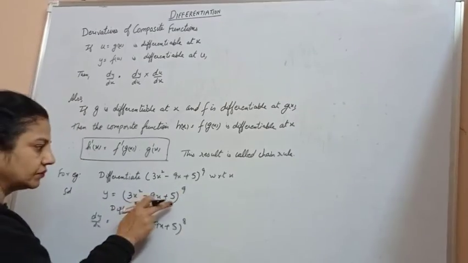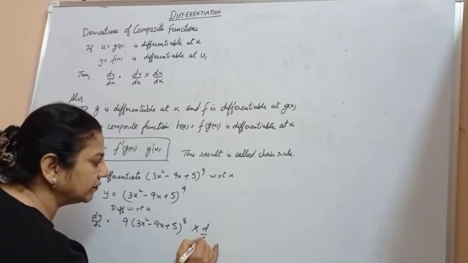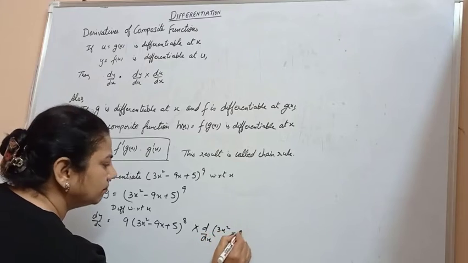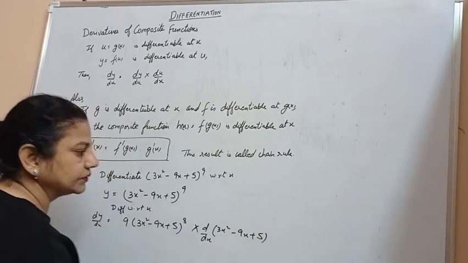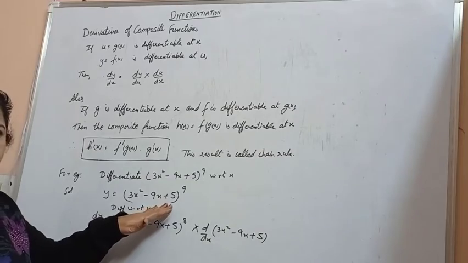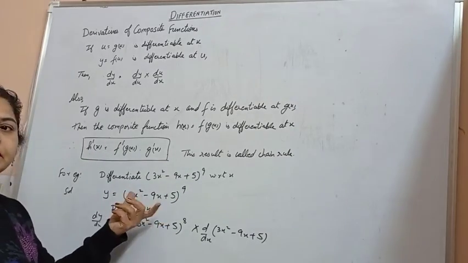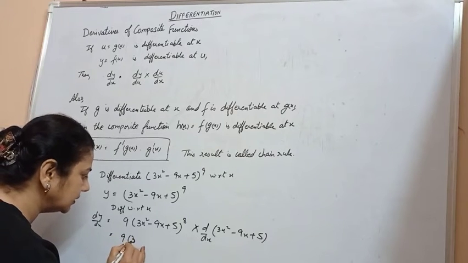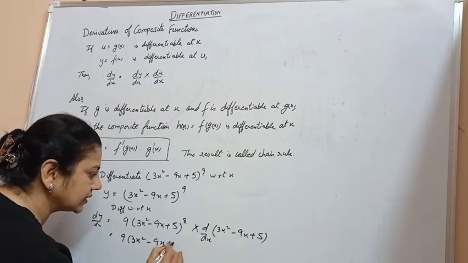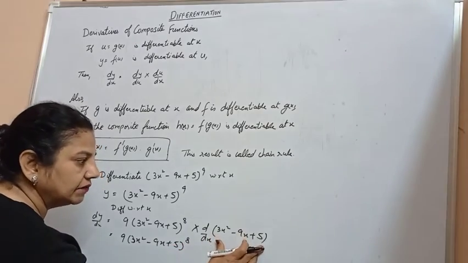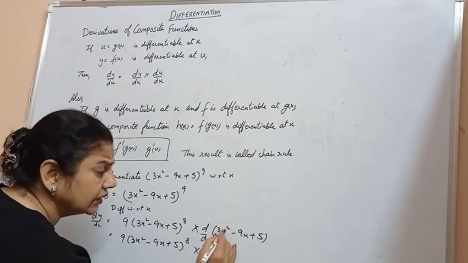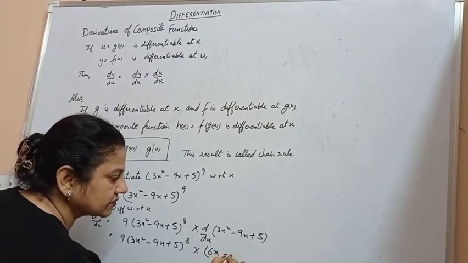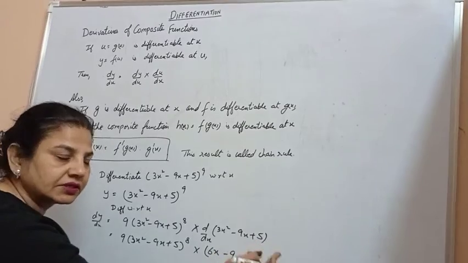Again, take the differentiation of this bracket, the derivative of 3x² − 9x + 5. This is the chain rule. First we take the derivative of the given function and then we take the derivative of the bracket. So we get 9 times (3x² − 9x + 5) to the power 8, times the derivative of this function: 3x² gives 6x, minus 9x gives 9, and 5 being a constant term becomes 0.